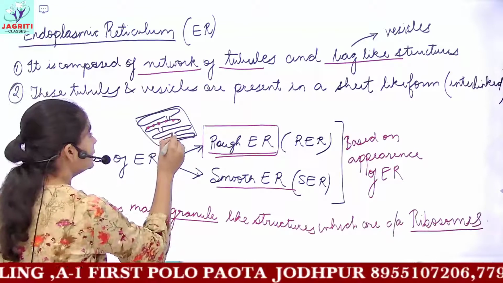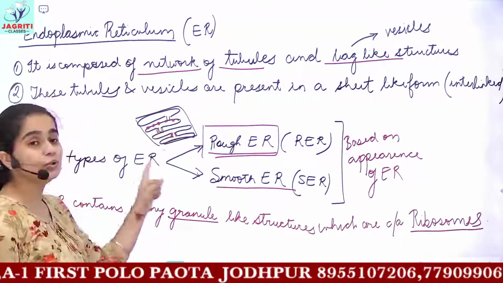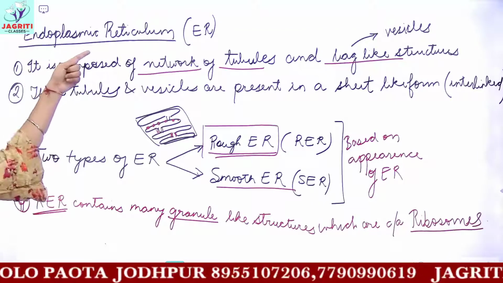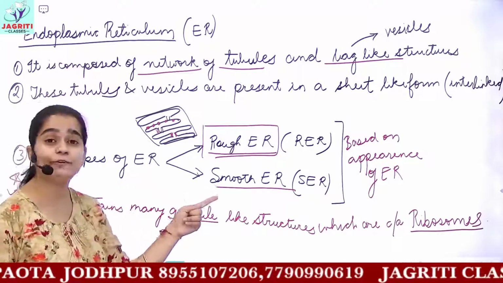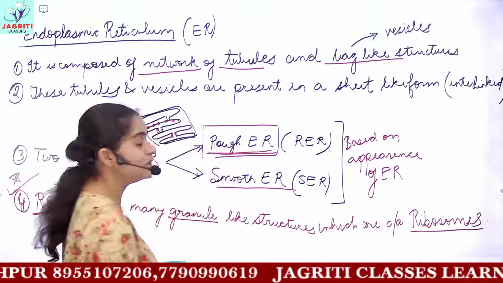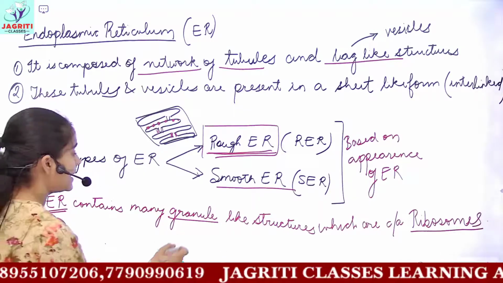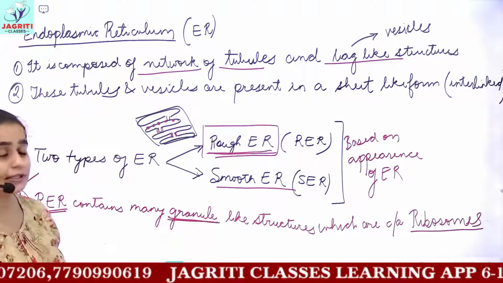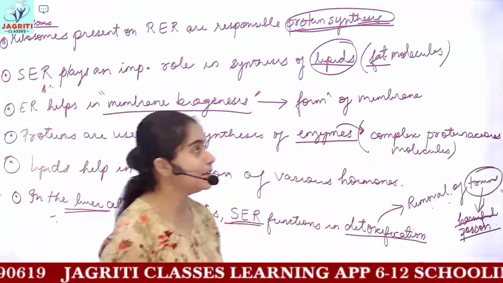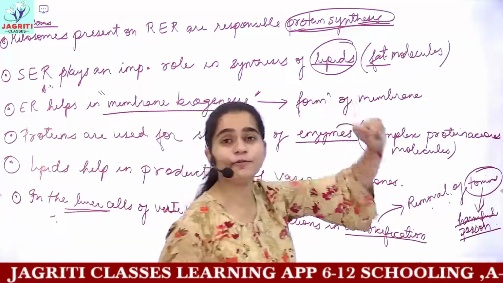These are the interlinking bridges between the tubules and the vesicles. Next you have that endoplasmic reticulum can be classified into two different types, rough and smooth. Why is this called rough endoplasmic reticulum? Because it has some ribosome granules on its surface. And what is the function of ribosomes? Ribosomes help in the synthesis of proteins.